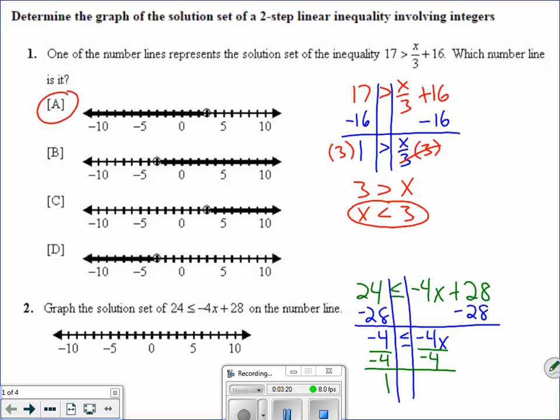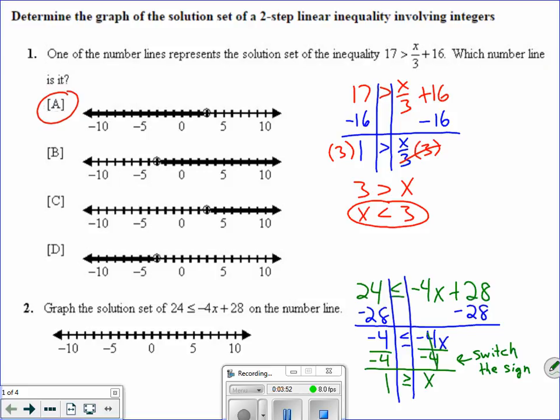With an inequality, whenever you multiply or divide both sides by a negative, because I'm dividing both sides by this negative 4, I need to switch the sign. So instead of less than or equal to, I need to change it to greater than or equal to. My negative 4's cancel each other out.